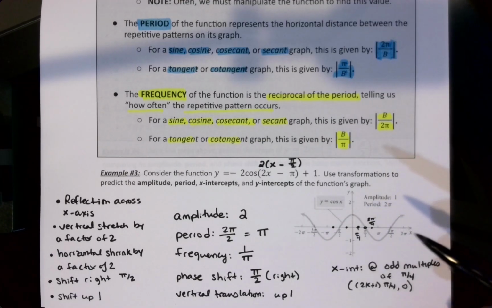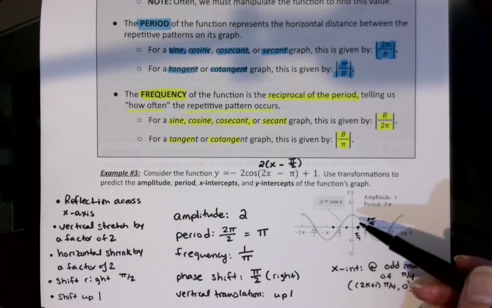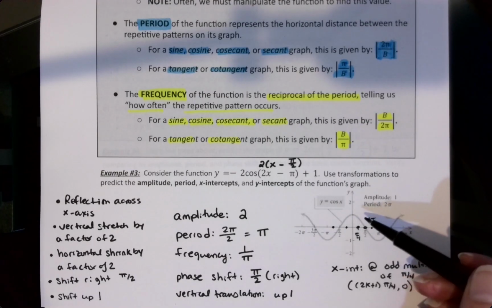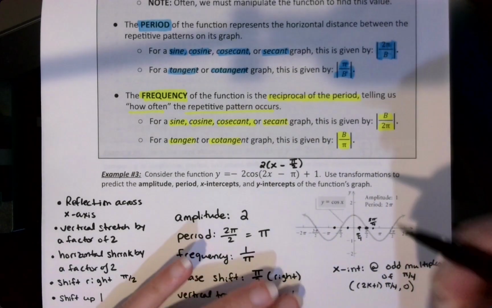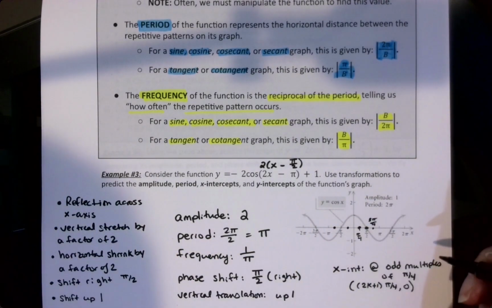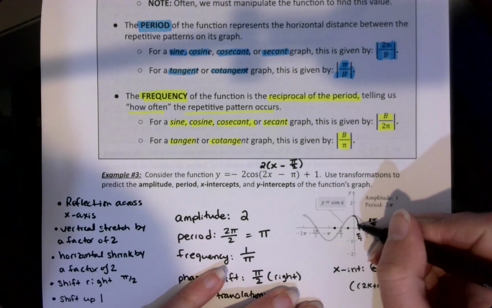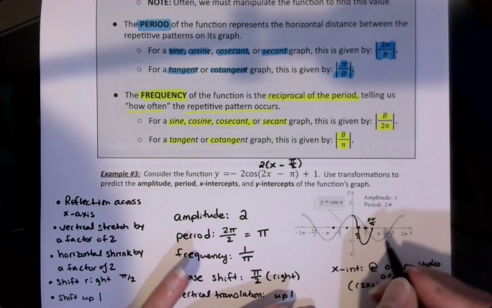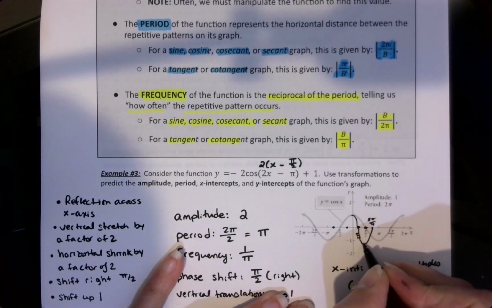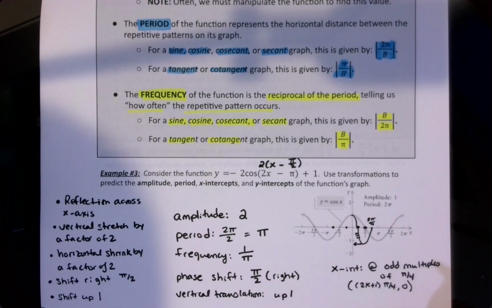But when I shift this to the right by pi halves, where does that end up? So we've drawn in the new x-intercepts for the shrink here. That's pi halves.